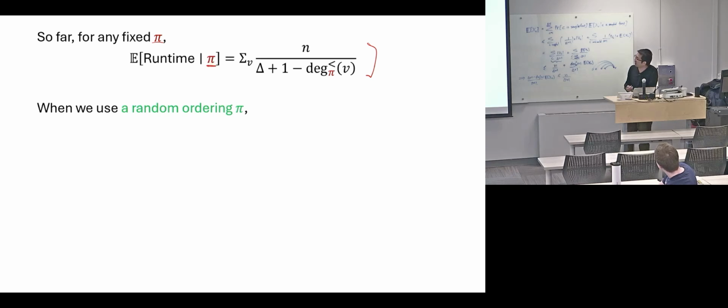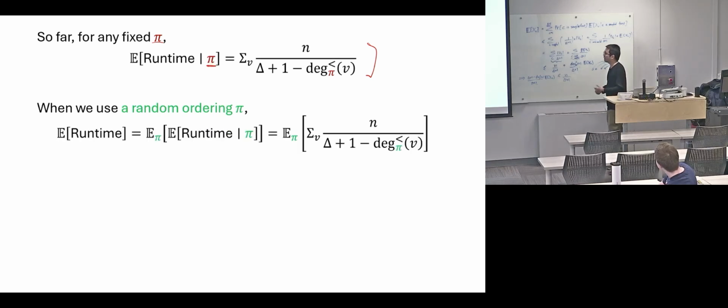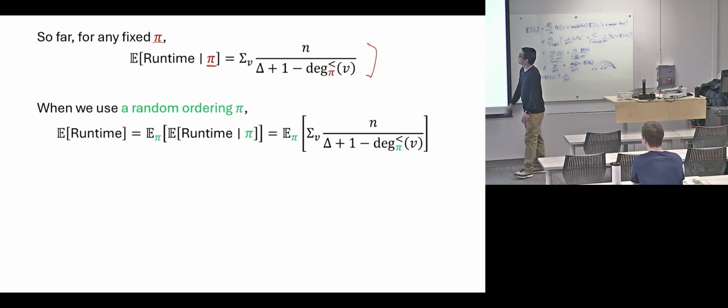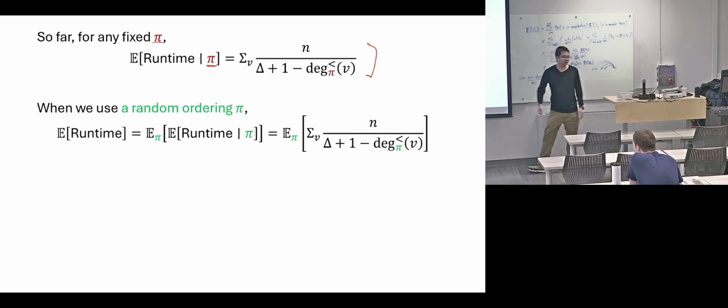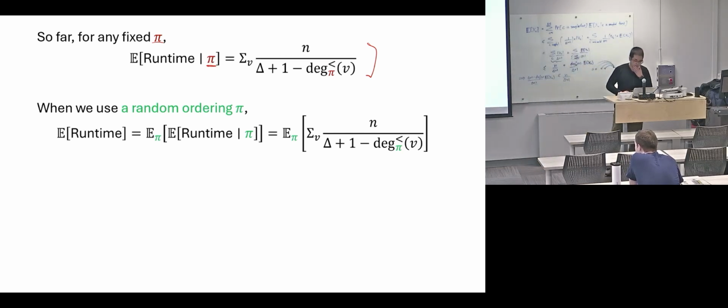We use random ordering, so the expected running time is the expectation over the random permutation pi of the expected running time given that the order is pi. This is the expression of the runtime of the algorithm.